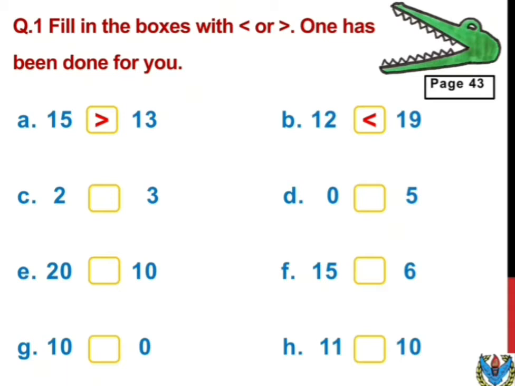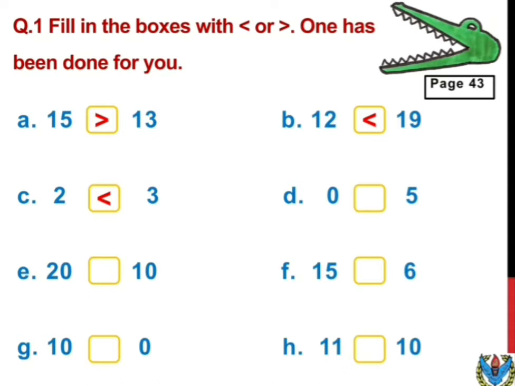Look at part C. We have two numbers, 2 and 3. Both of the numbers belong to ones column. Now we will start counting from 0. 0, 1, 2, 3. So 2 is the smaller number and 3 is the bigger number. So 2 is less than 3.